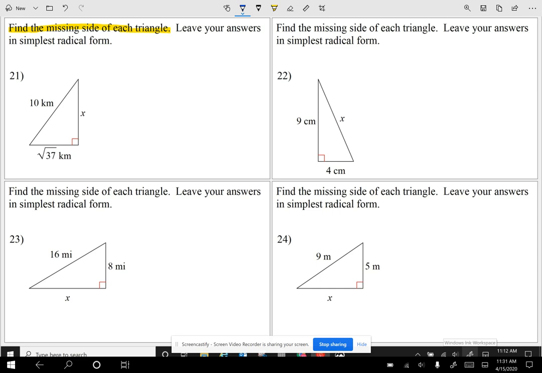However, let me emphasize something. Each of my triangles, look, they have a 90-degree angle. Remember, that box means 90. They have a 90-degree angle, so that means it's a right triangle. What do we know about right triangles?